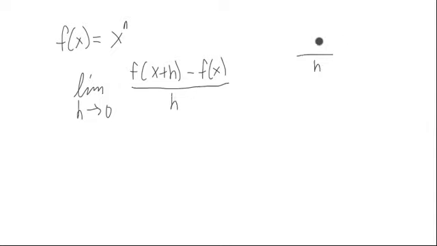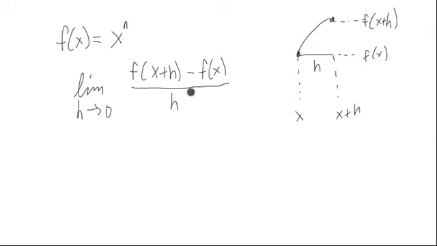So I want to picture h, and we start at the height f of x and we end at the height f of x plus h, because this is x and this is x plus h. So we compute this limit right here, and let's do that for x to the n. All right, so we do x plus h to the n minus x to the n all over h.